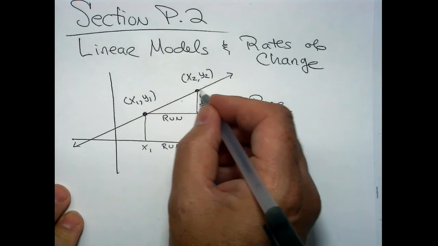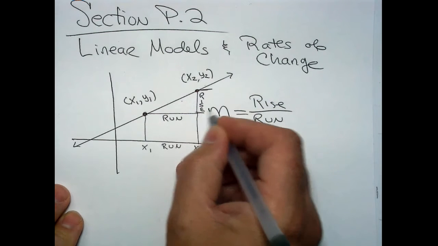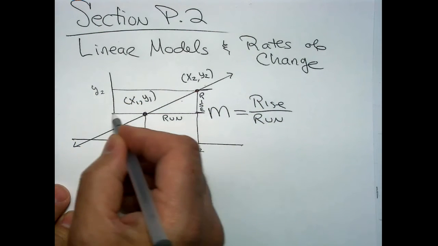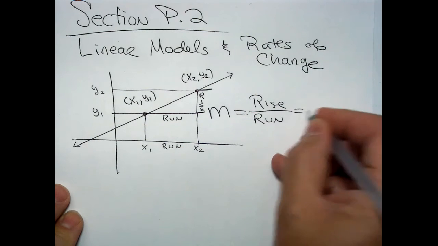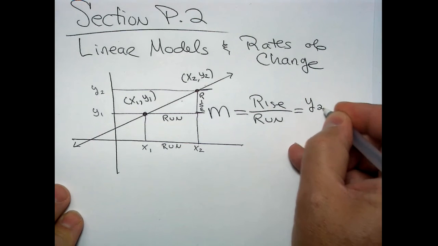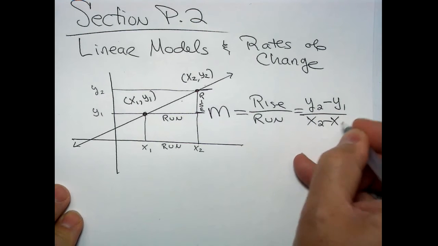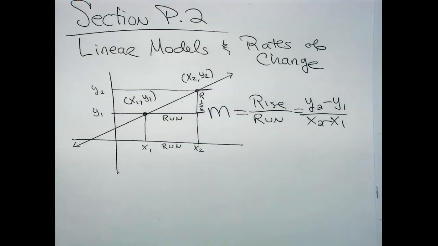The rise is the difference between the y values. So I would calculate the rise as y2 minus y1. I would calculate the run as x2 minus x1. So rise over run is definitely the way to compute slope.